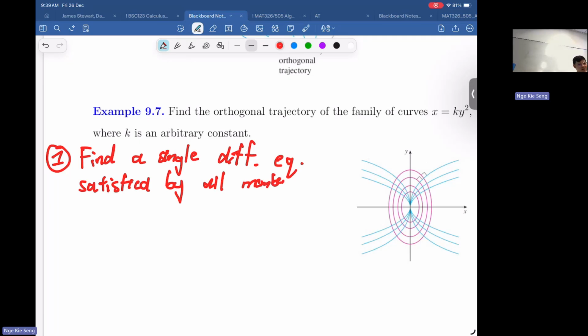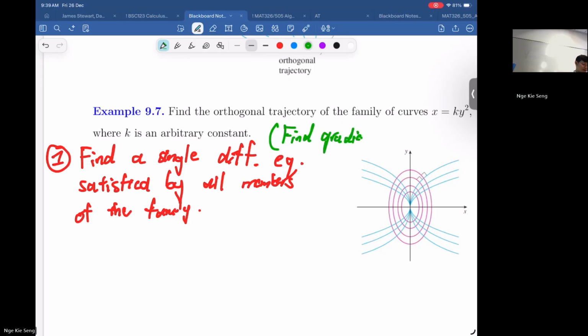Meaning you want to find the gradient at every point. So maybe I put an explanation here: find the gradient at every point on the curve.